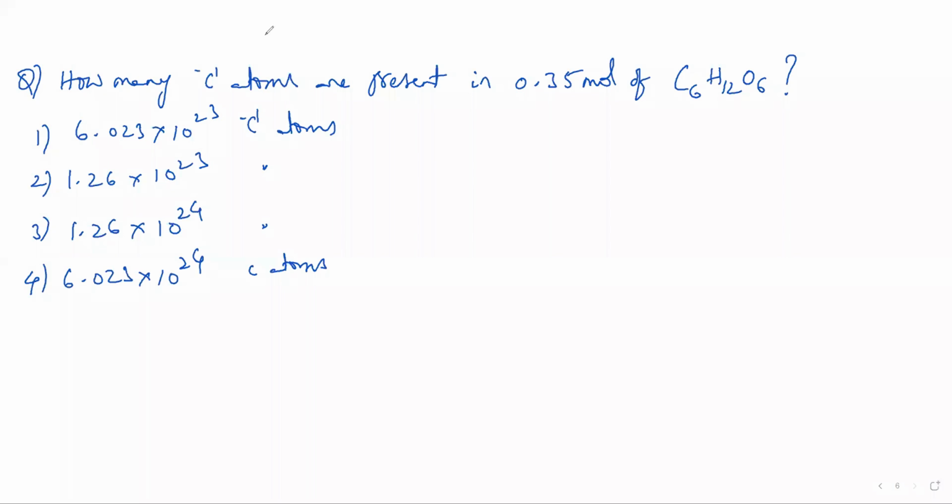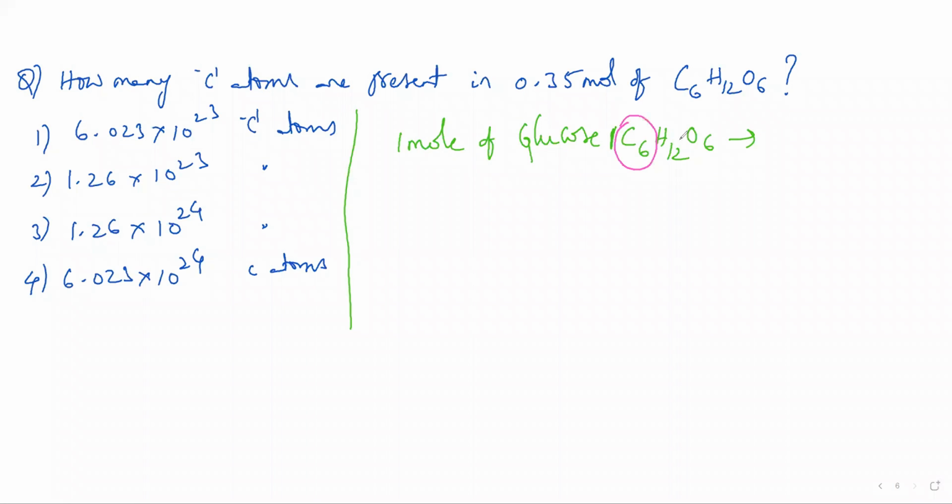So how many carbon atoms are present in 0.35 moles of glucose? Right. So let us start with glucose only, to avoid any confusion here. 1 mole of glucose, that is C6H12O6. This is 1 mole, right? In this, how many moles of carbon atoms are present? Here, 6. 6 moles of carbon. 1 mole contains 6 moles.